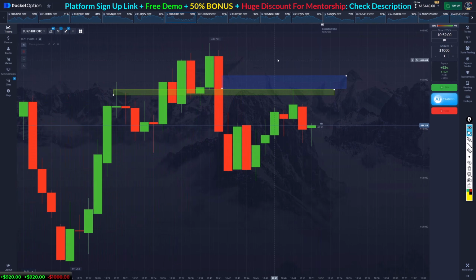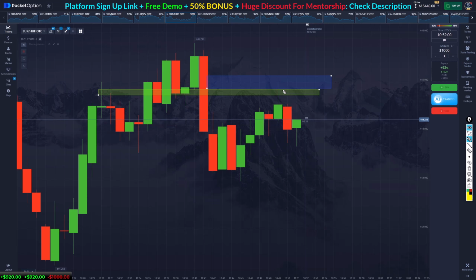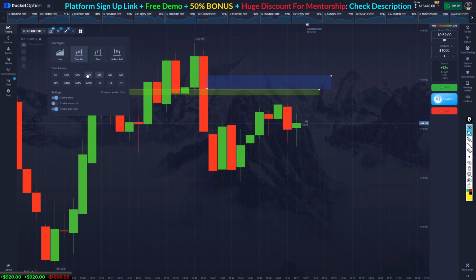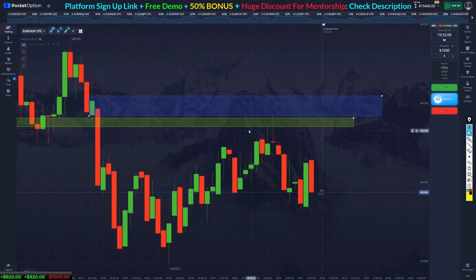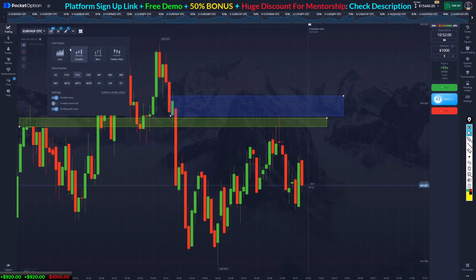The first QM we marked, this one, already played out. You see how they rejected from the blue zone? See how it rejected from the blue zone, and we missed this opportunity, how accurate it was. It's totally fine.